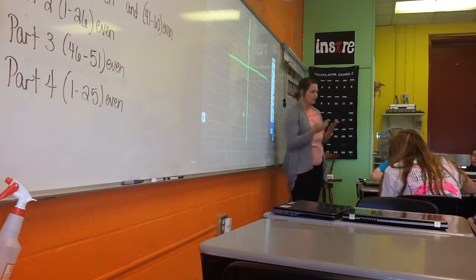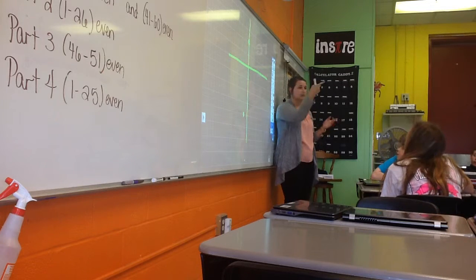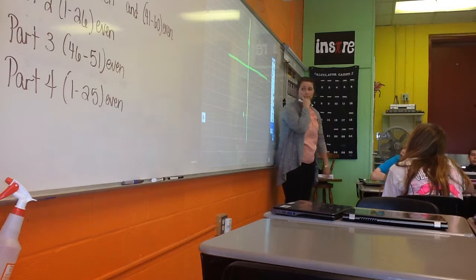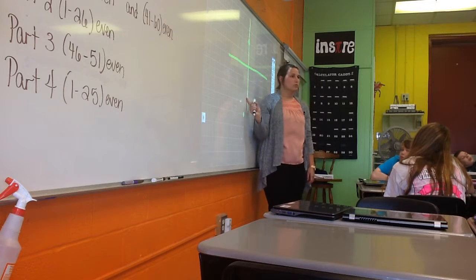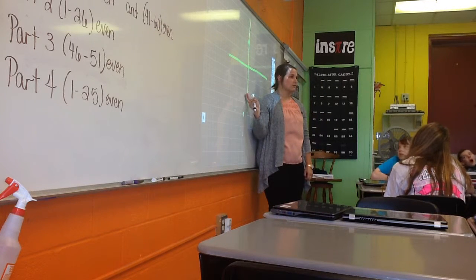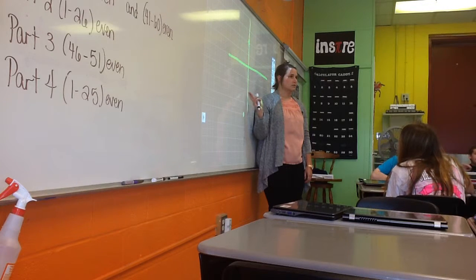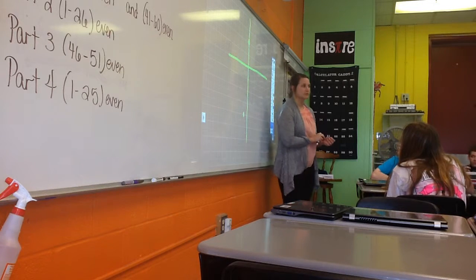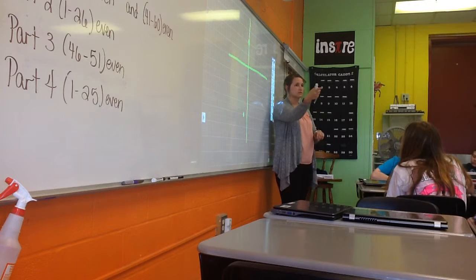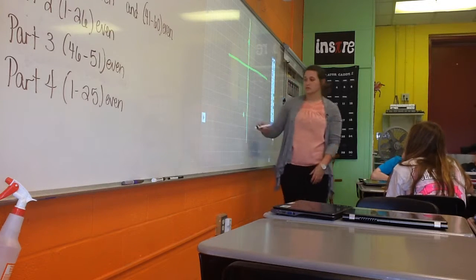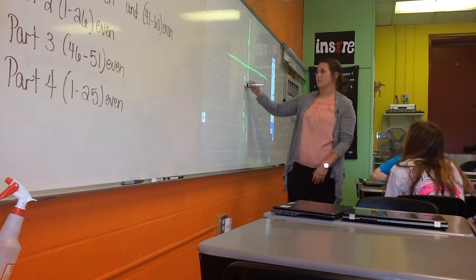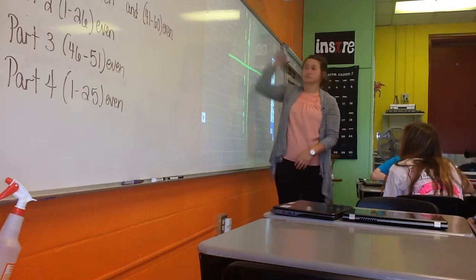What do I need to do now? Is it done? Okay. So what is the axis of symmetry though? The axis of symmetry. X equals negative 2. So that will give me my line of symmetry.